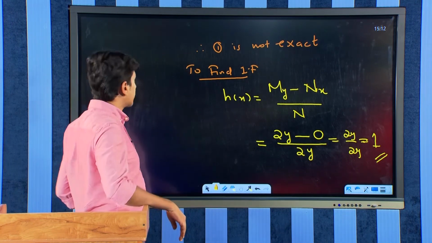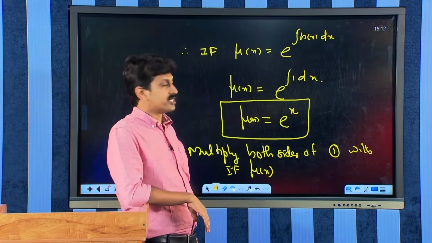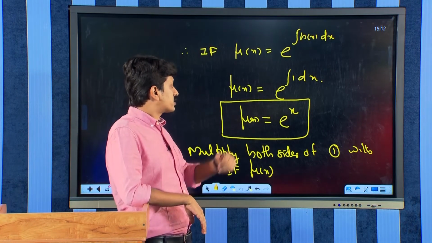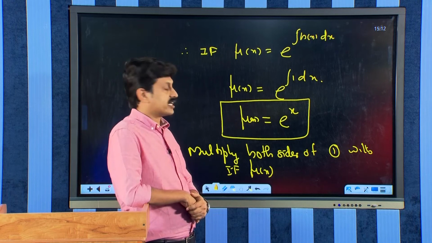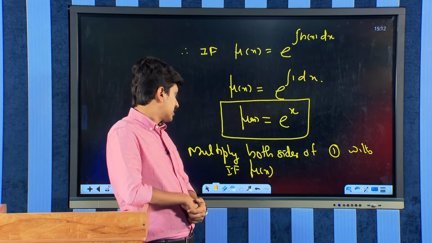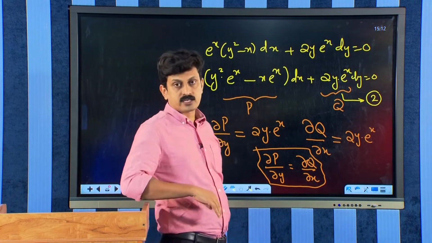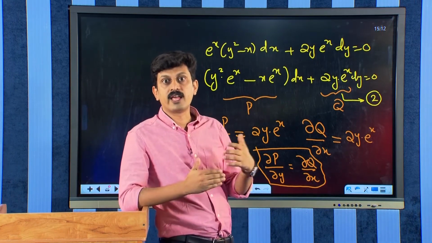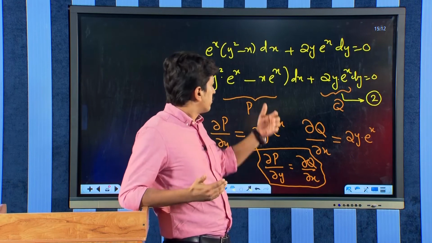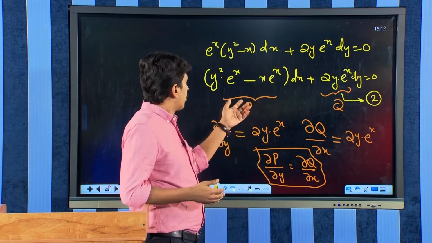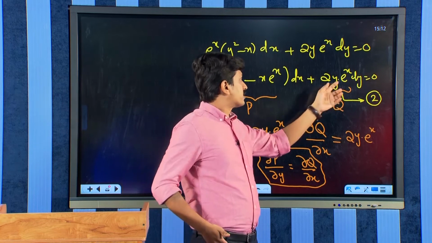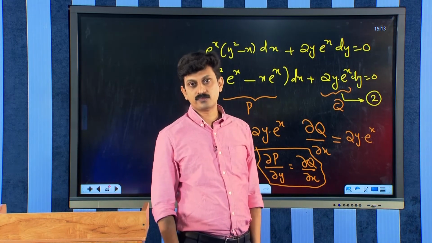Therefore, the integrating factor is mu of x equal to e raised to the integral of h of x. So, we found mu of x as the integrating factor, e raised to x. We will multiply both sides with the integrating factor. So, we got a differential equation P of x y dx plus Q of x y dy is equal to 0.